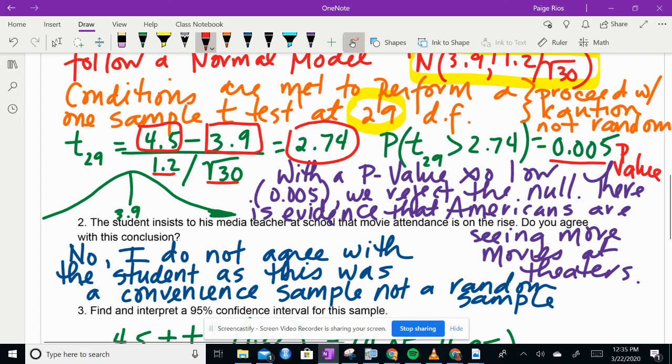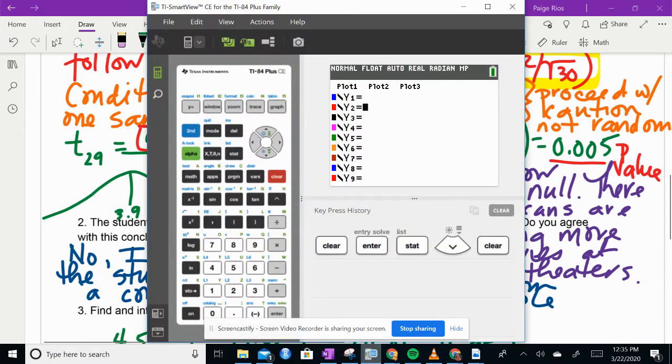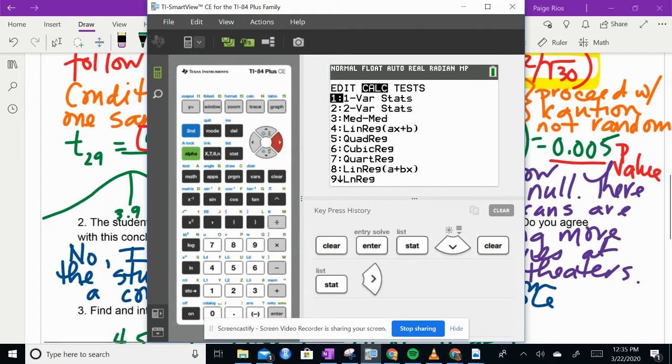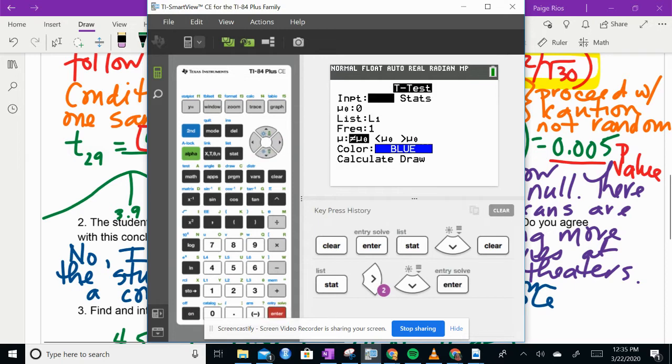So let me show you in the calculator what I did there. In the calculator, we're going to go to stat, move over to test, and it's the second one right here. Once you hit enter, you're going to have two choices. Are you going to give the calculator your data in a list, or as in this case, we're going to give it the statistics. So I'll enter there.